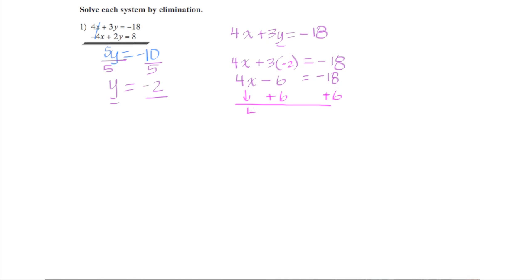So I now have 4x, negative 6 plus 6 is 0, negative 18 plus 6 is negative 12. And now I'm going to divide both sides by 4. So x is equal to negative 3. So my answer is negative 3, negative 2. We always write our answer in the form of x, y.